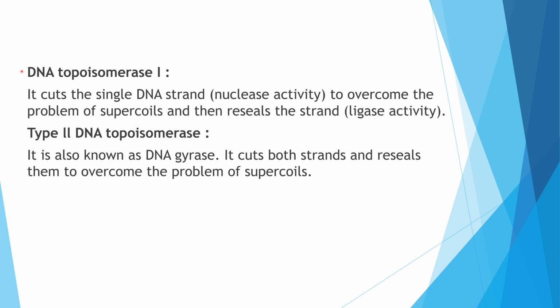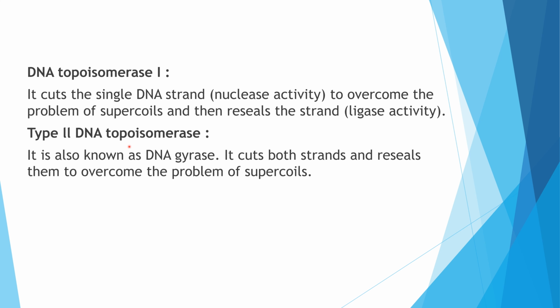Here we talk about topoisomerases, DNA topoisomerase I and DNA topoisomerase II. What is the role of DNA topoisomerase I? It cuts the single DNA strand, which is the nuclease activity, to overcome the problem of supercoiling, and then reseals the strand, which is the ligase activity.